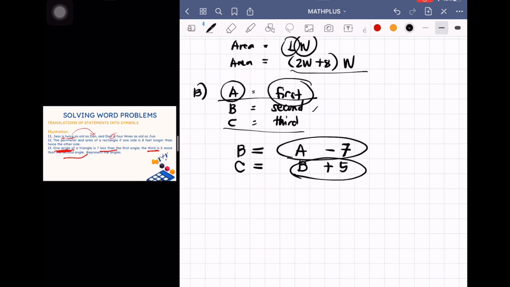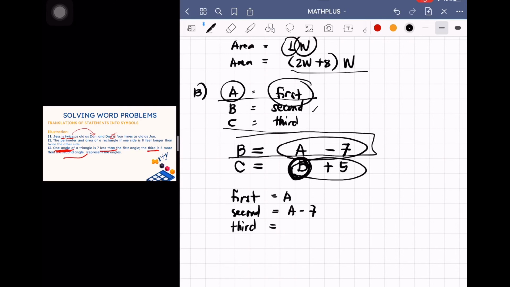If you want, I can represent the first angle as A, the second angle as A minus 7, and then the third angle, pwede kong palitan si B, kasi bumuo na ako ng relationship for B, that's A minus 7. So, isa-substitute ko yun dito. I'll get A minus 7 in place of B plus 5. Simplifying that, I get A minus 2. So, yun. Pwede mong i-represent ng ganito.